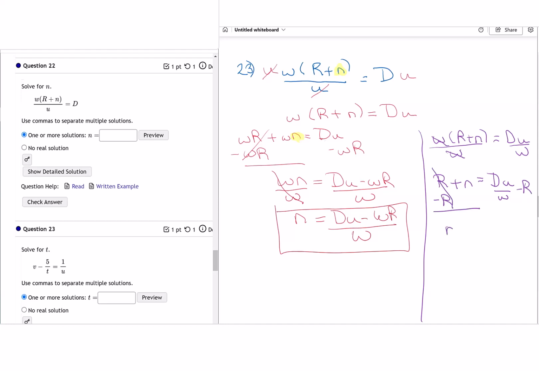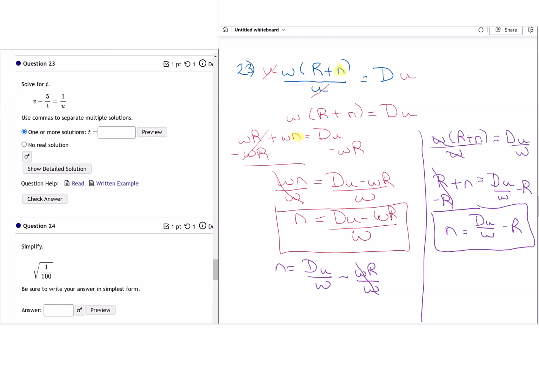And I get N is equal to DU over W minus R. Now, I bet you're thinking they don't look the same. Well, they are. If I separate this into two fractions, here I can cancel my W's, and I end up with the same answer exactly.